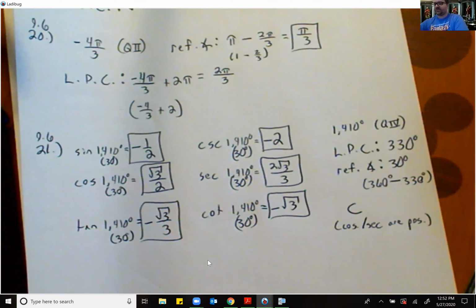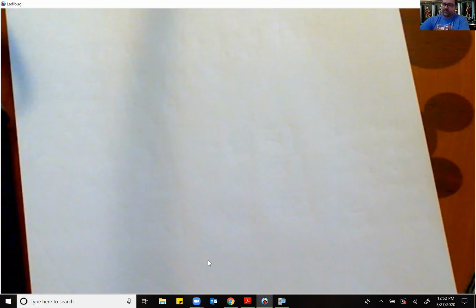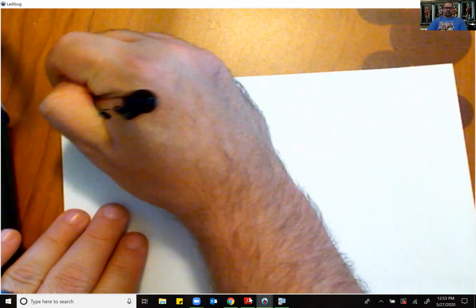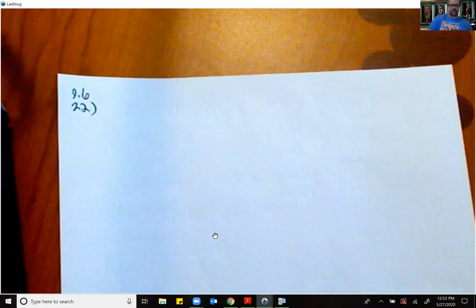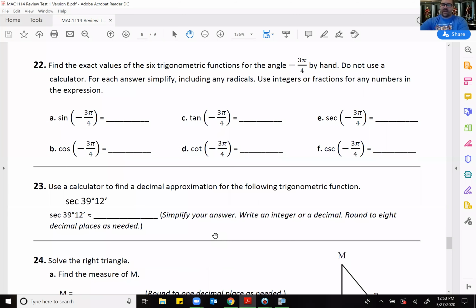Okie dokie, let's jump into number 22. So 22 is just like what we just did, coming from 9.6. Okay. So we want the exact value for all these trig functions. Sine of negative 3 pi over 4.